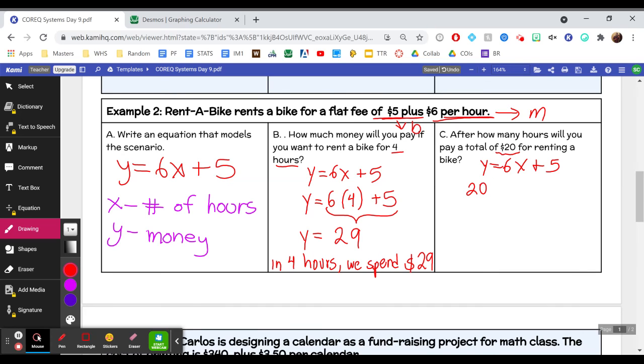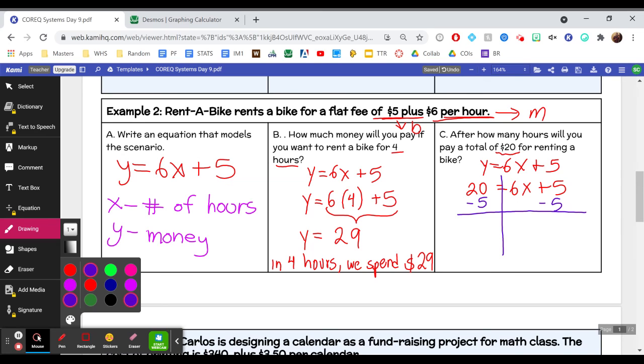So I'm going to substitute 20 for y, and then I'm going to solve for x on my equation. Okay? So my first step is subtract 5 on both sides. That's a 0 pair, so it goes away. And now I bring down the 6x, 15.